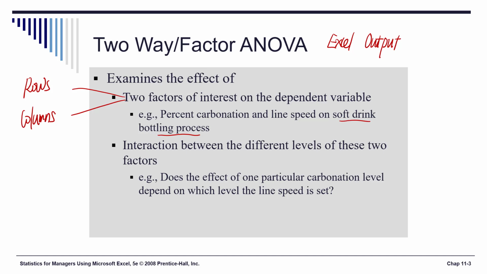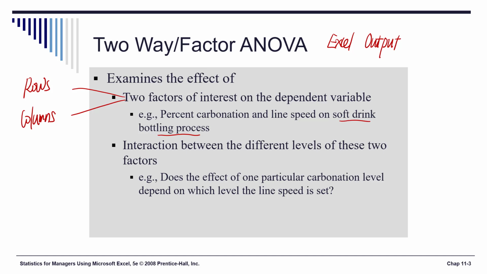Also we try to understand the interaction between those two factors on different levels of those two factors. So does the effect of a particular carbonation level yield a different result when the line speed changes? That's the interaction effect we're looking at.